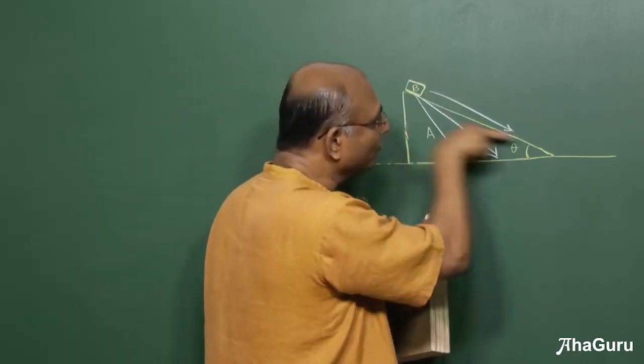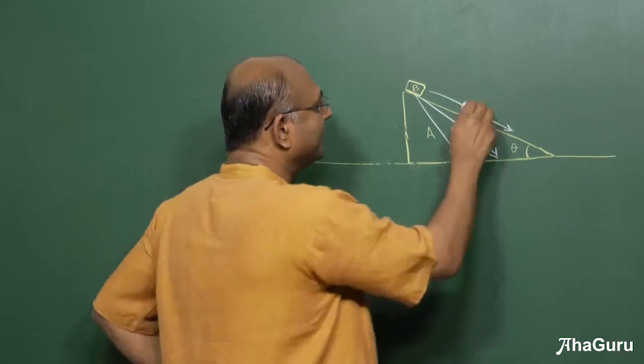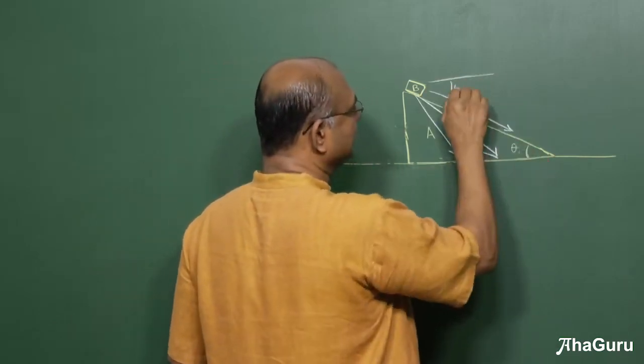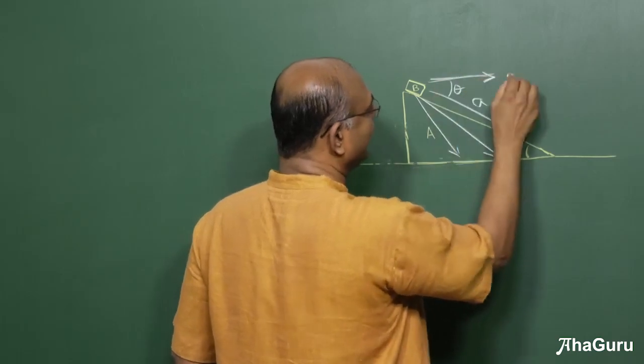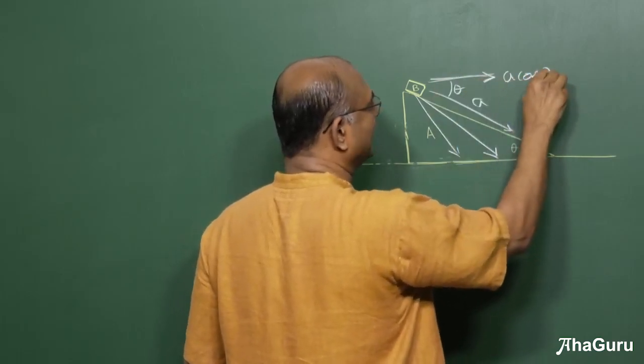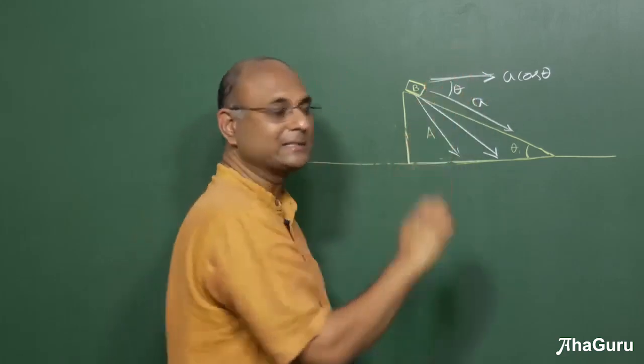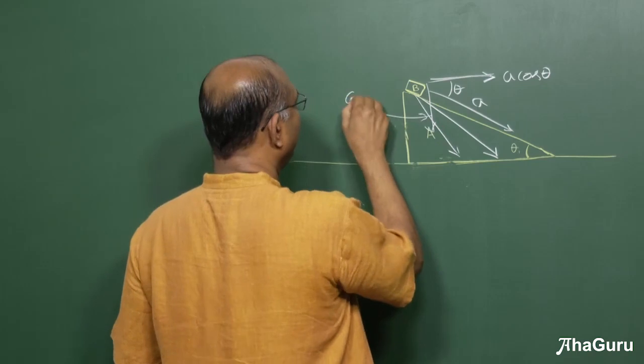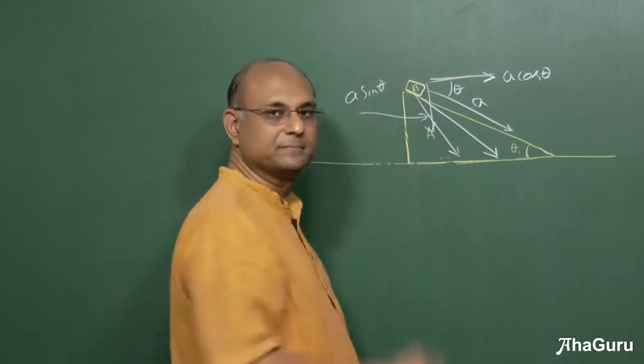This makes it a little complicated because for this one, at least I knew the angle at which it was going. So if I told you that this acceleration was A, this is theta, this is theta. So you know the horizontal acceleration must be A cos theta, right? And you know that the vertical acceleration was A sin theta.